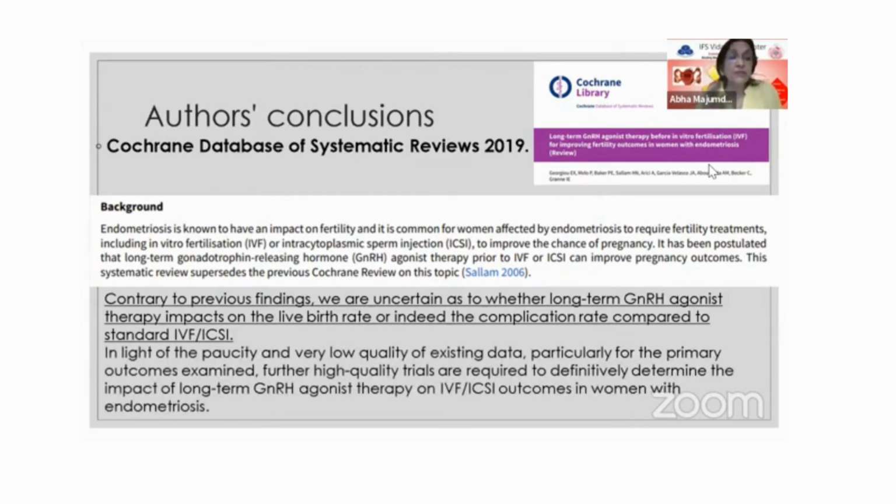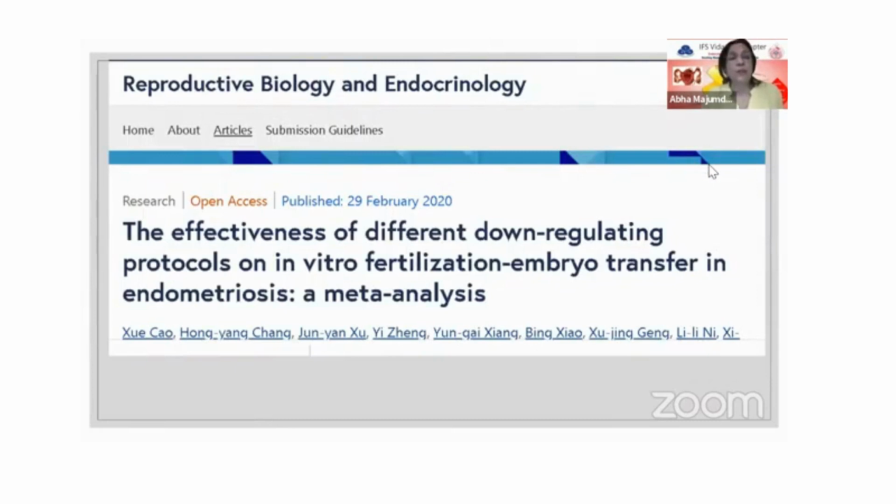And because we have very little data and very low quality existing data, particularly for the primary outcomes examined, further high quality trials are required to definitively determine the impact of long-term GnRH agonist therapy on IVF ICSI outcomes in women with endometriosis. So gone is the long-term GnRH agonist therapy. Yes, you can give it for suppression of endometriosis, reduction in size of endometrioma, but to say that it will increase the live birth rate is now a big question.